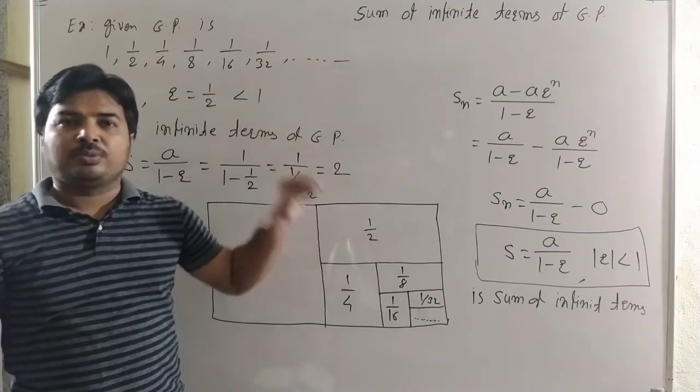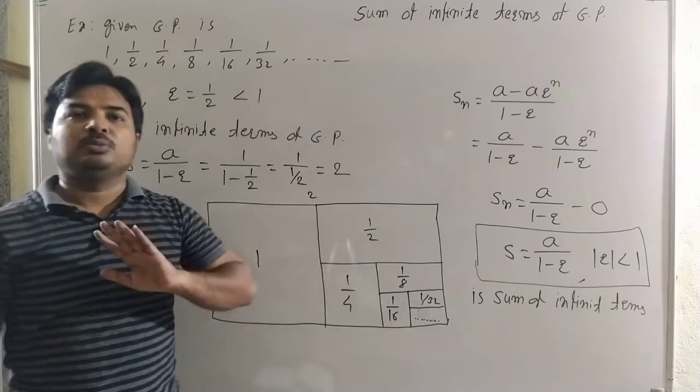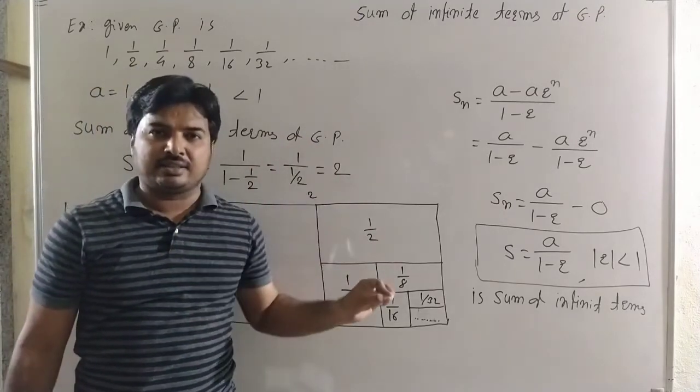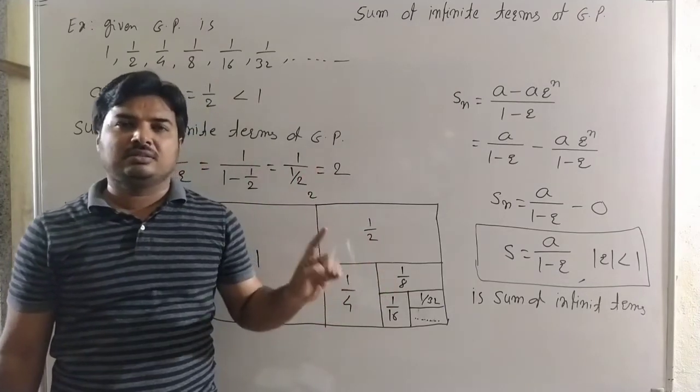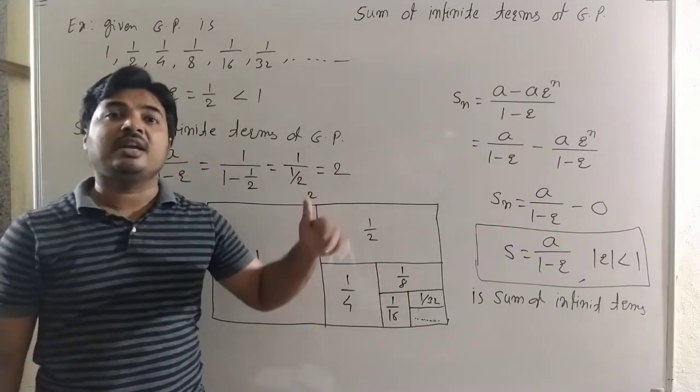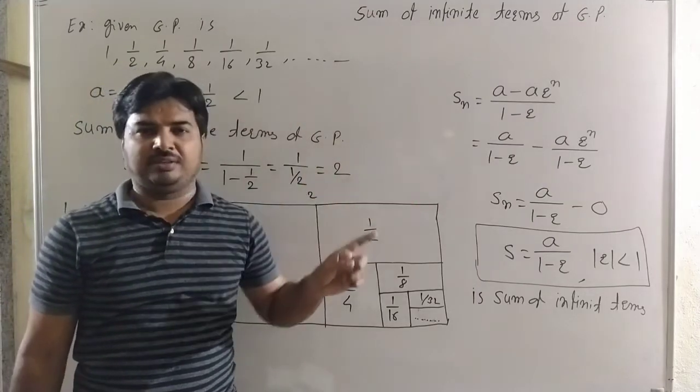If the geometric progression is increasing, then the sum of the infinite terms does not exist, because the last term in an increasing sequence gets larger and larger and tends to infinity.